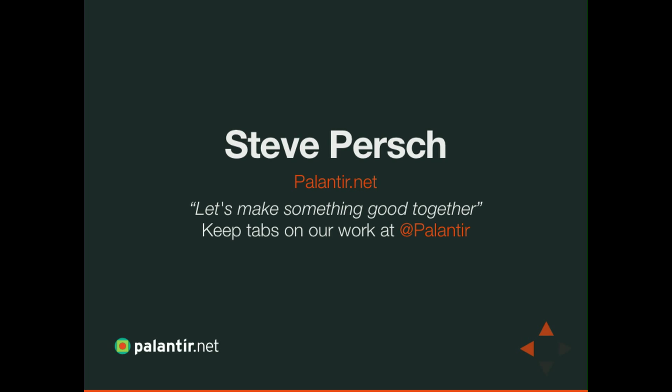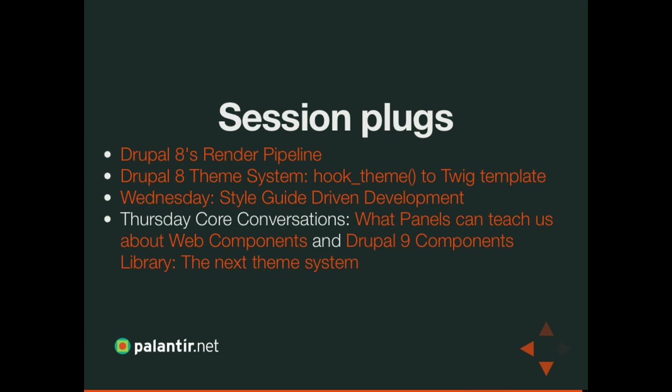So I think Twig is somewhat independent of the question of how do we figure out what variables are available to the template. What happens in the template is a second question, but how do we even get the variables ready? One of these presentations that I plugged from DrupalCon is a core conversation I gave called What Panels Can Teach Us About Web Components, and in that presentation I go into greater detail about different models for thinking about rendering.